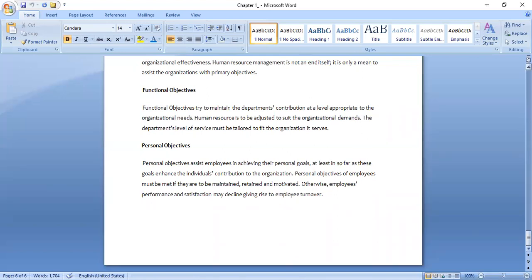And then personal objectives, we've seen some of those in the general objectives, where we saw that it helps individuals satisfy their needs in terms of being paid and being motivated. Because when you are paid, you are able to meet your bills, right?